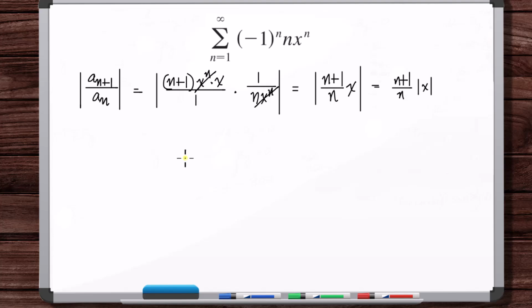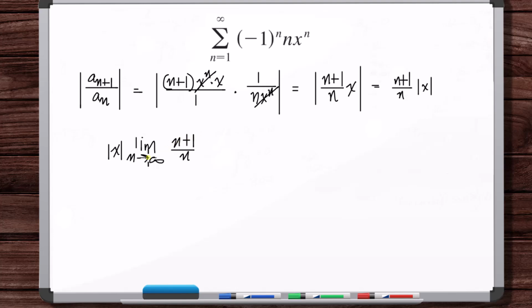Okay. So what do we do next? How does the ratio test work? What is this? This is the absolute value of a sub n plus 1 over a sub n. We've simplified it to this. Well, with the ratio test, we take the limit as n goes to infinity of this. Well, x is not a function of n, so we can take it out of the limit.